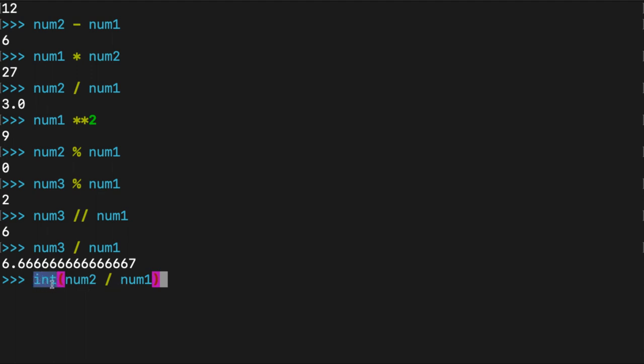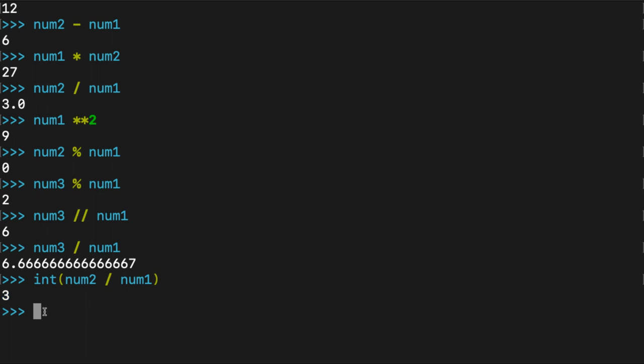So what I'm doing here is I'm asking my Python interpreter to cast my result, which we know from previously is going to give me a float value of 3.0, and instead I'm saying don't give me a float value for my output, give me an integer value for my output. So I'm casting my output to be a different form.